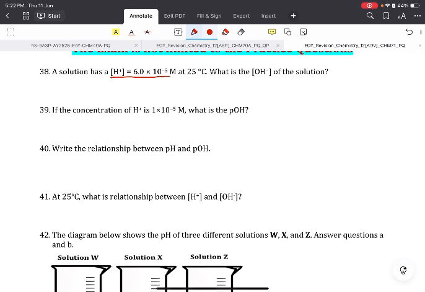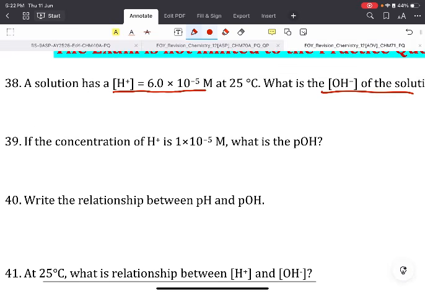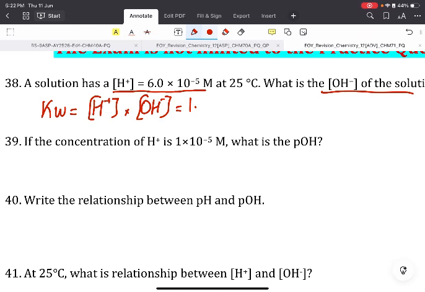A solution having H plus, this is the concentration, what would be the OH minus? So I'm gonna use the formula of Kw, which is H plus multiplied by OH minus equal to 1.0 times 10 to the power negative 14.